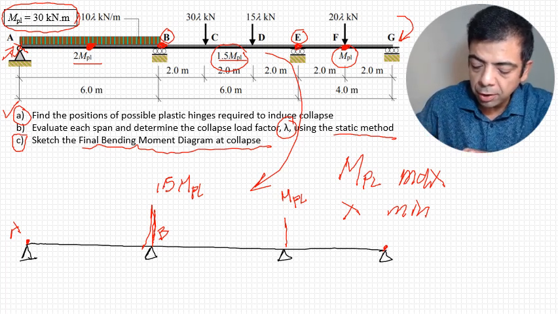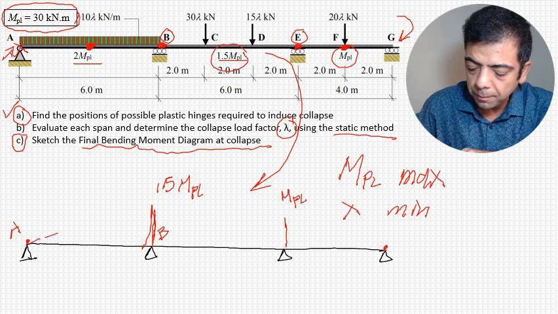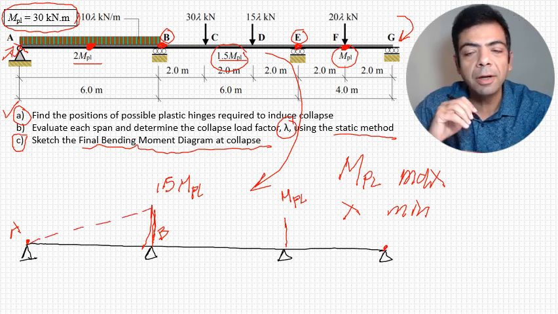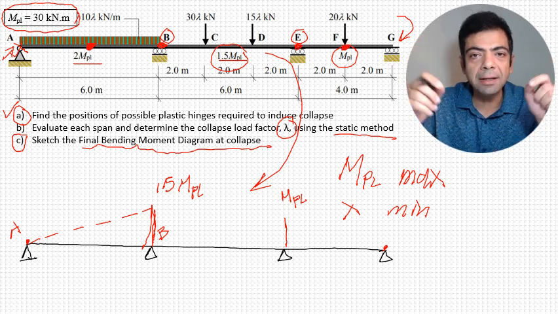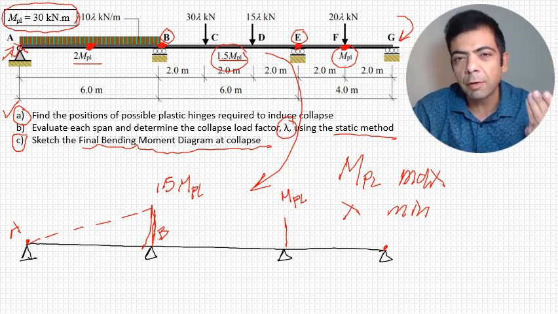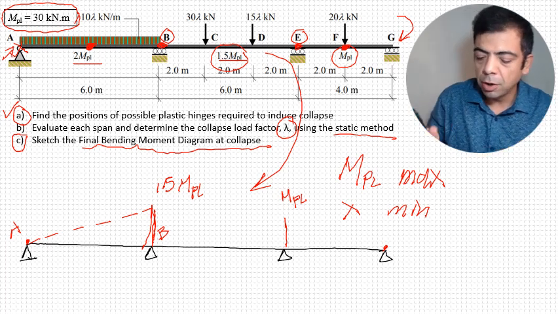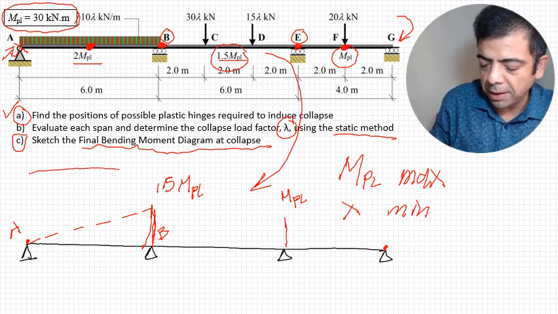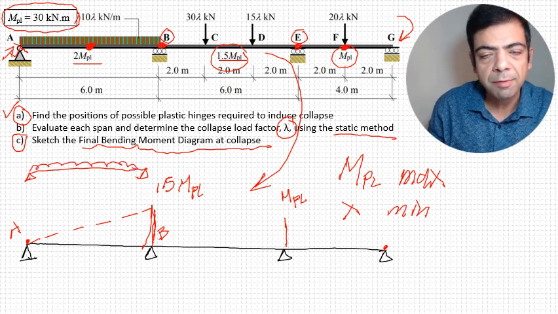So I'm going to connect them with a dotted line. And from that dotted line, I'm going to hang the shape of the simple moment version of that loading. So if there was a simple beam here with a distributed load on it, what would be the shape of the bending moment?